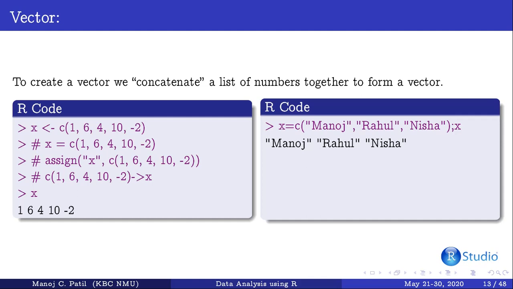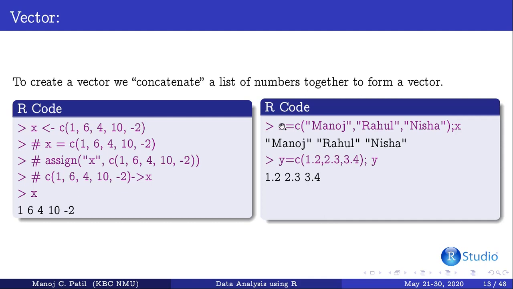As we already discussed, a vector is the combination of elements of similar type. So we can store even strings, or we call it character here. Manoj, Rahul and Nisha are 3 names. These can be stored in the vector x.